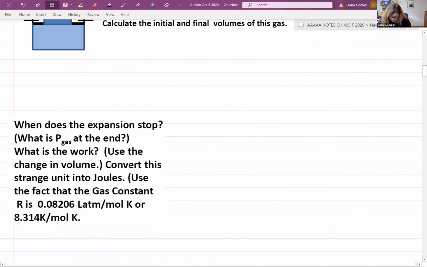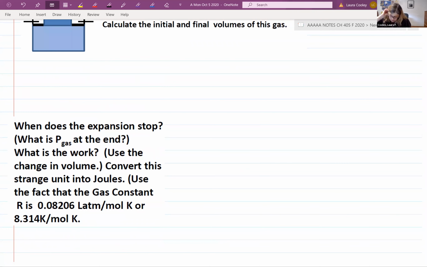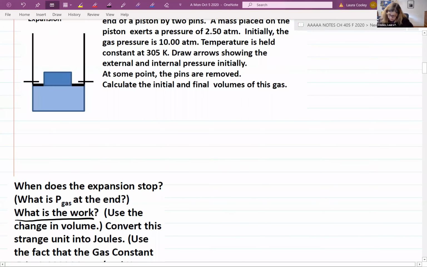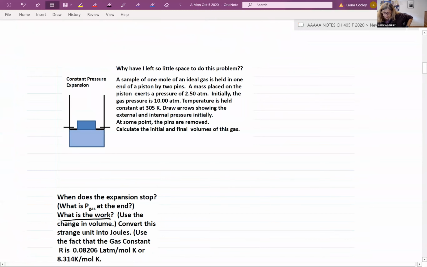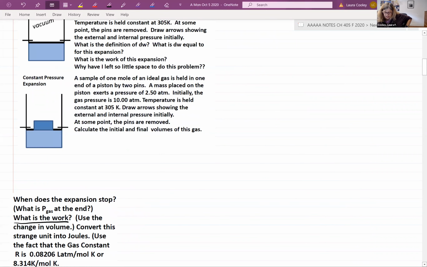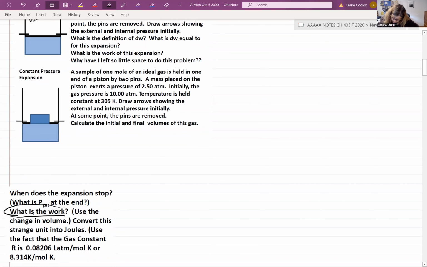Oh, I think I forgot this section on what is the work. I don't know if everyone can read what they need here. I wouldn't mind if you went on and did this part where you calculate the work.